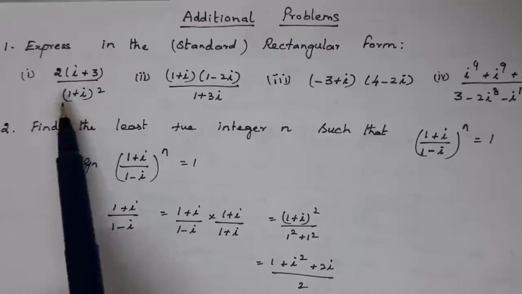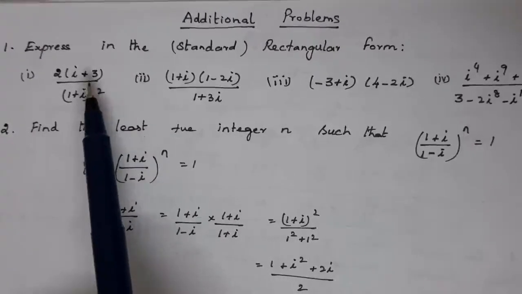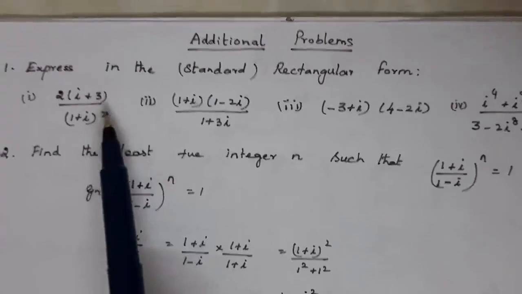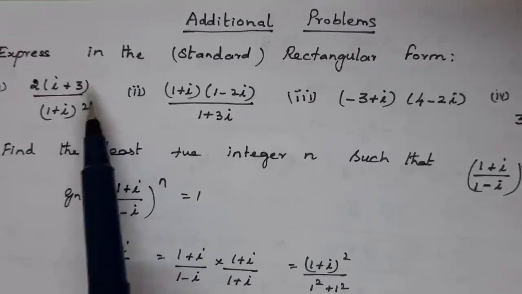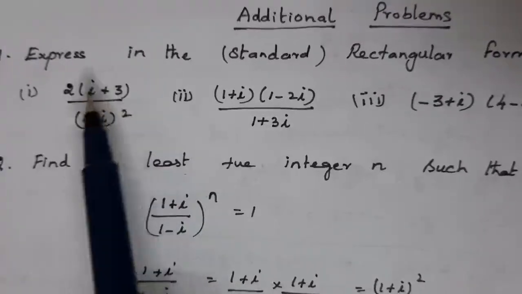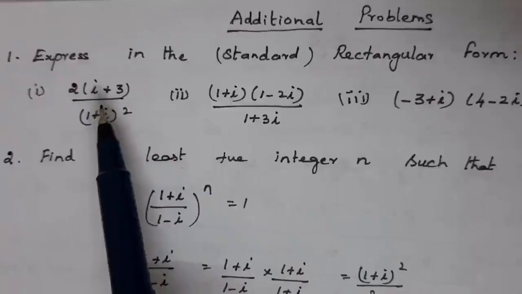Then, after getting the proper standard form in both numerator and denominator, multiply by the conjugate of the denominator and divide by the conjugate of the denominator, and convert the whole thing into rectangular form. So this is the way to do a problem.